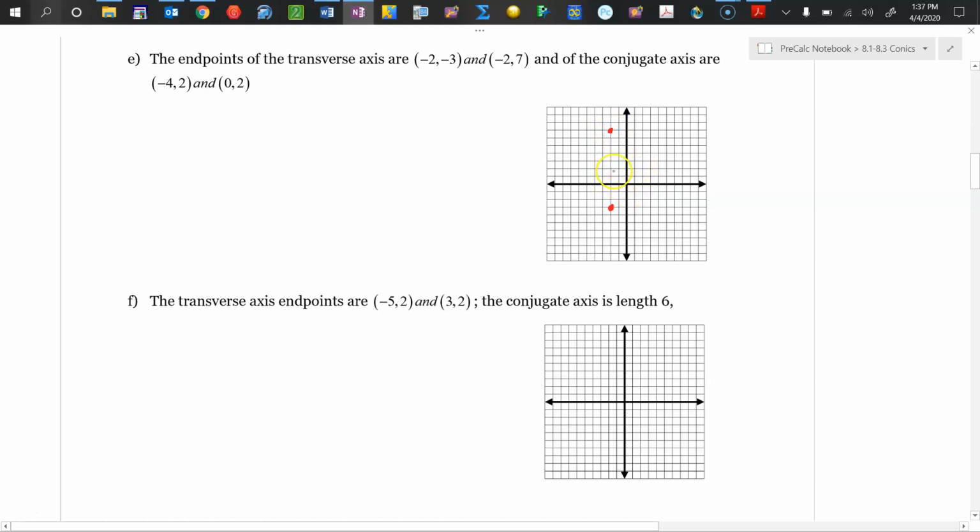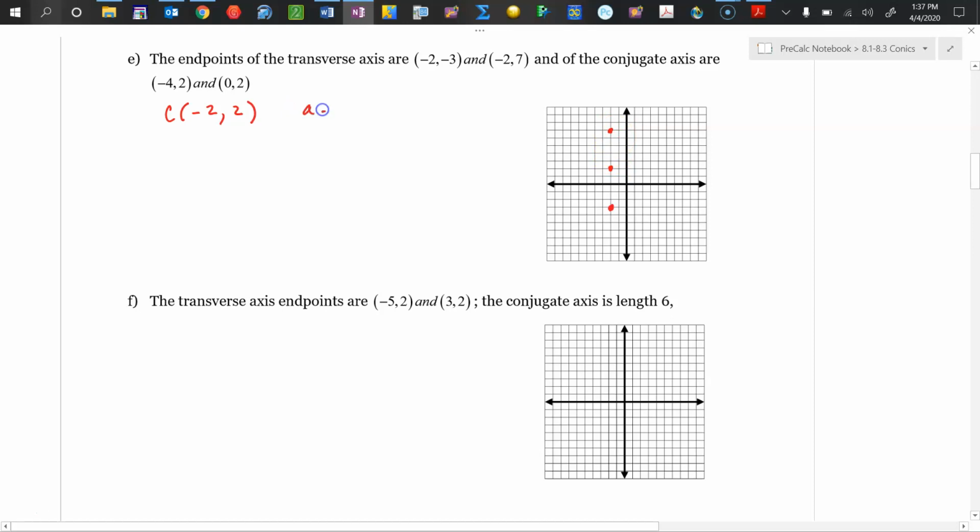And we know that the center is going to be halfway between those two. So we know we've got a center at -2, +2. We also know that the distance from the center to one of those endpoints of the transverse axis is the value of A, so 1, 2, 3, 4, 5.